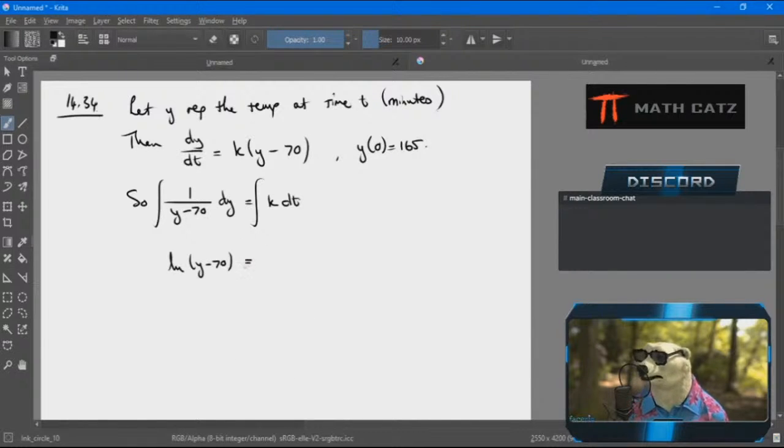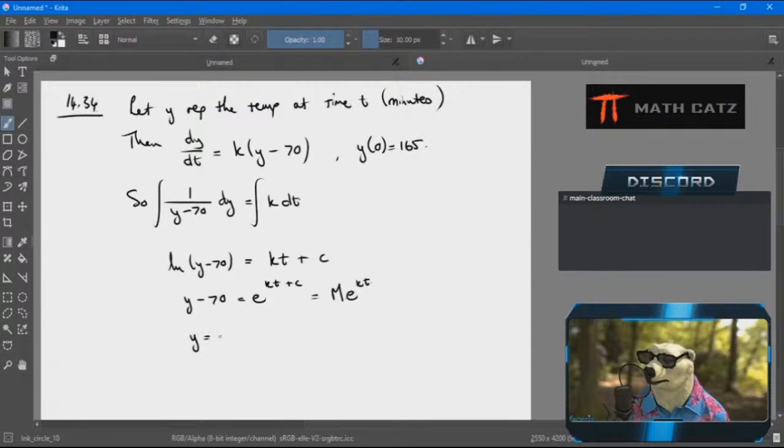If you know a little more, I understand there should be absolute values here. I'm trying to not make it look more intimidating than it needs to be. And I group my integration constants at the end here. So then y minus 70 is e to the kt plus c. And just like always, we will rewrite the integration constant to a more convenient one.